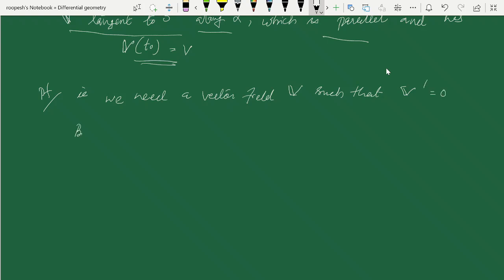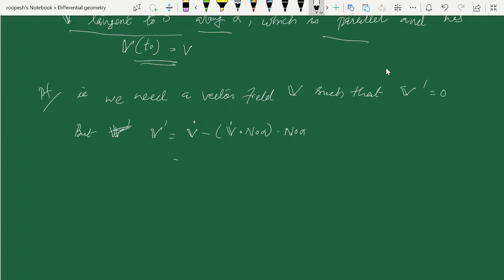But V dash is equal to V dot minus (V dot n of alpha) times n of alpha, right?